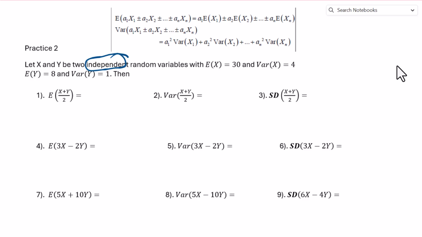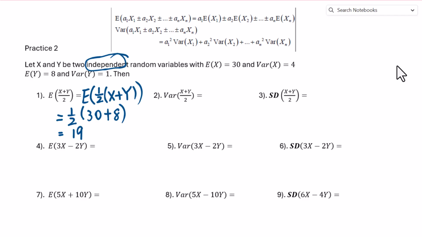Then E of X plus Y over 2 equals E of 1/2 times X plus Y equals 1/2 times E of X plus E of Y, which is 30 plus 8, equals 19.